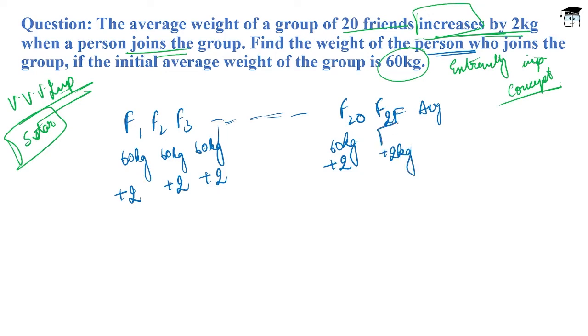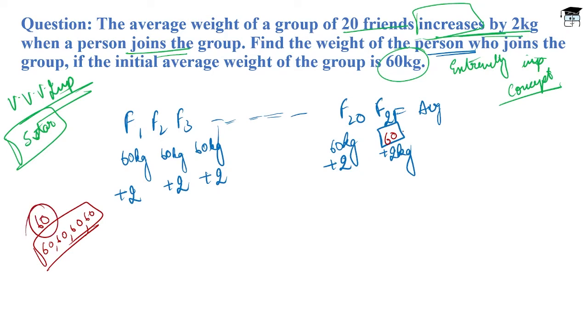Now what about its initial weight? If I say it is 60, then the average would remain the same, right? We just talked about it earlier also, that 60, 60, 60, 60 would give me an average of 60 only.